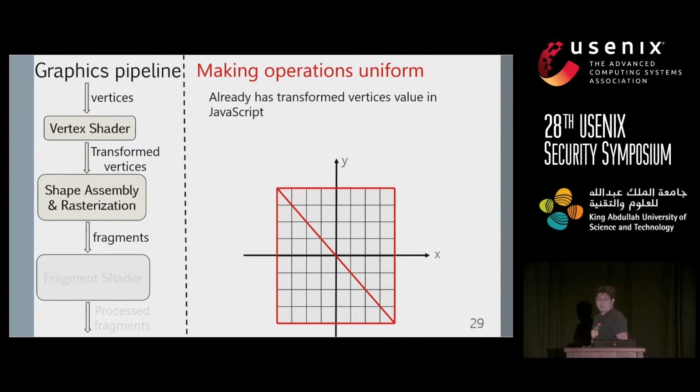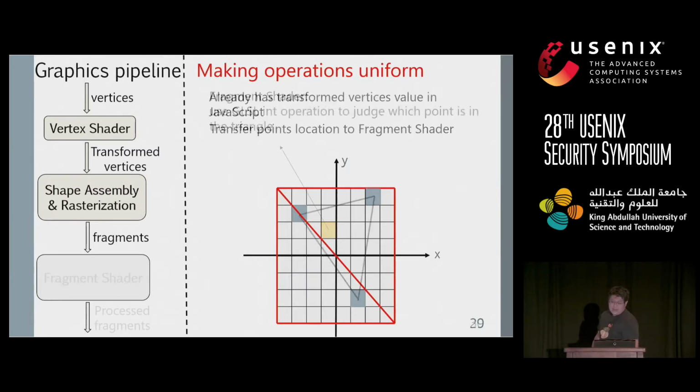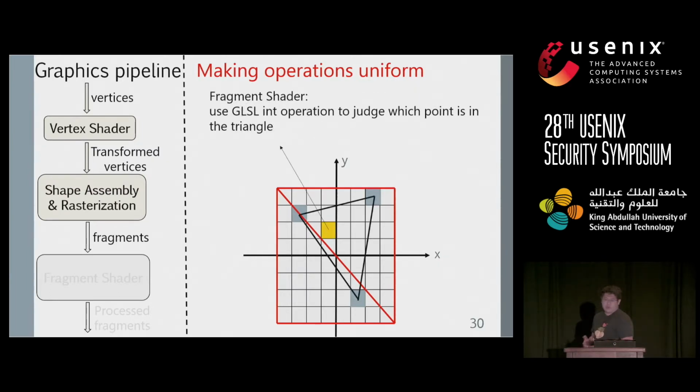Because in JavaScript we have already transformed the vertex values, we can directly transfer these point locations to the fragment shader. Also, in the fragment shader, we use GLSL integer operations to judge which point is in this triangle. If the point is in the triangle, we give it the triangle color. Otherwise, we give it the background color.